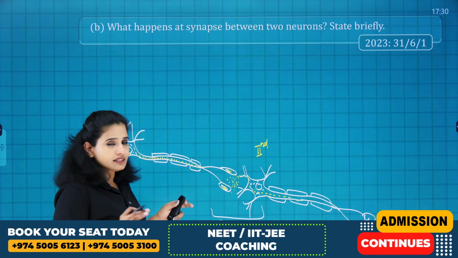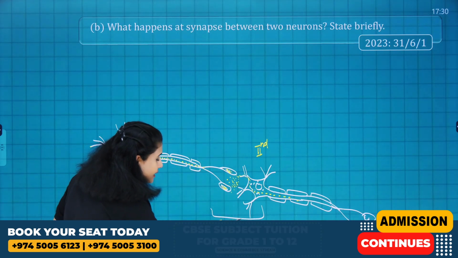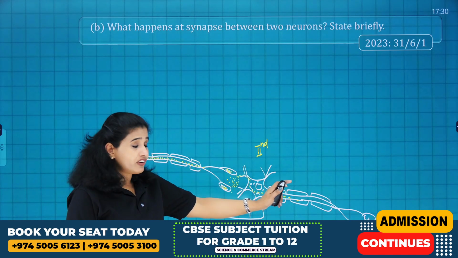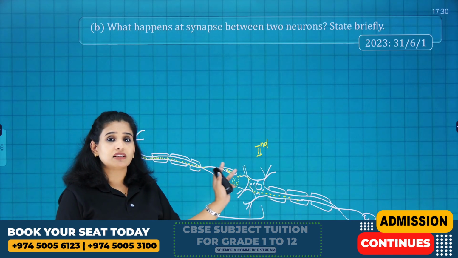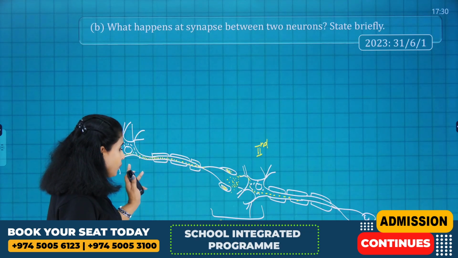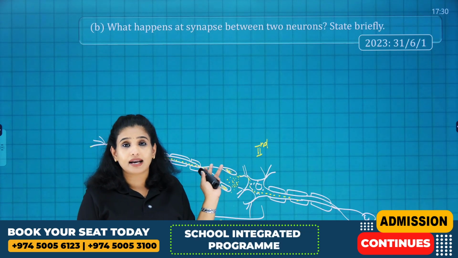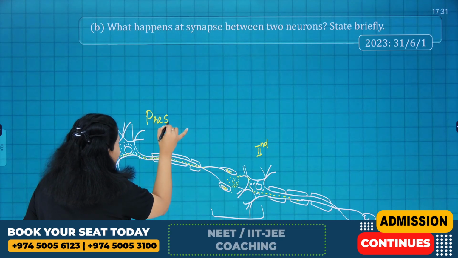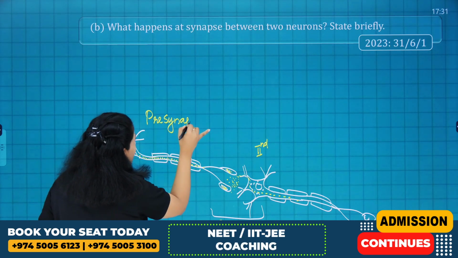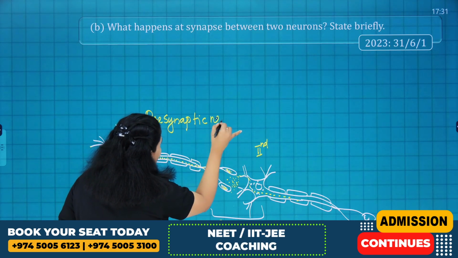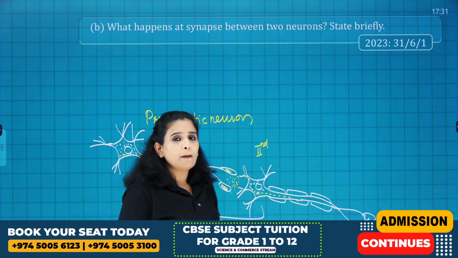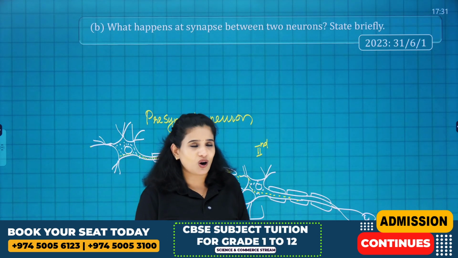Okay, now listen carefully. This is synapse. When you draw a synapse, obviously there will be two neurons. The neuron before the synapse, we can call it as presynaptic neuron. Because it is before the synapse, we call it as presynaptic neuron.